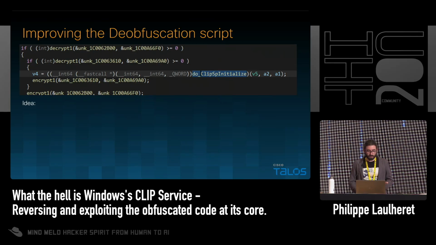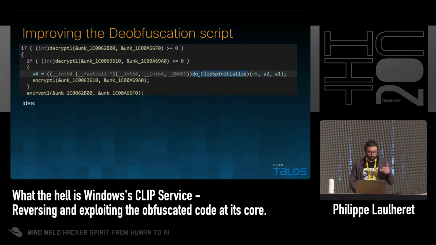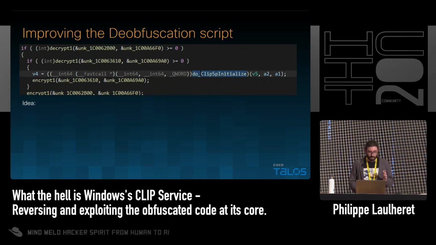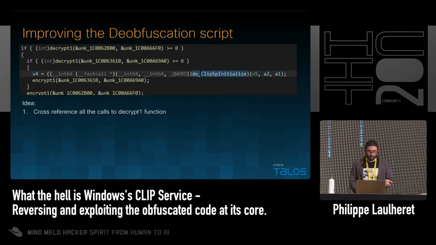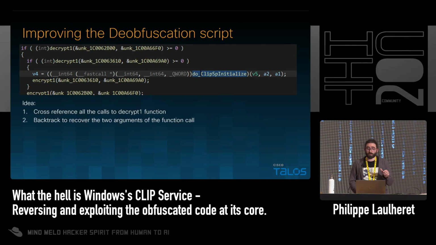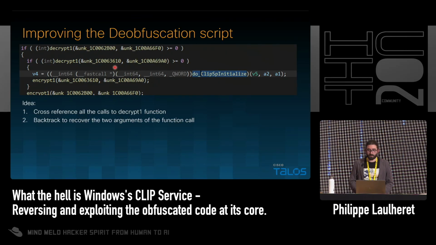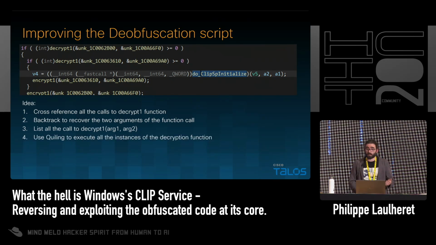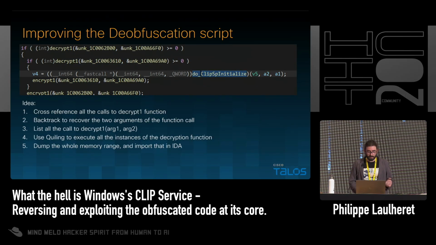If we look at what we had before, the decryption function and the execution of the function we want to look at, the idea is to cross-reference all the calls to this decrypt function and backtrack to recover the arguments that specify what to decrypt, how to decrypt it, etc. List all the calls to decrypt, not only for this function but throughout the whole binary, then use Qiling to execute all of those functions, dump the memory range, and re-import that in IDA.